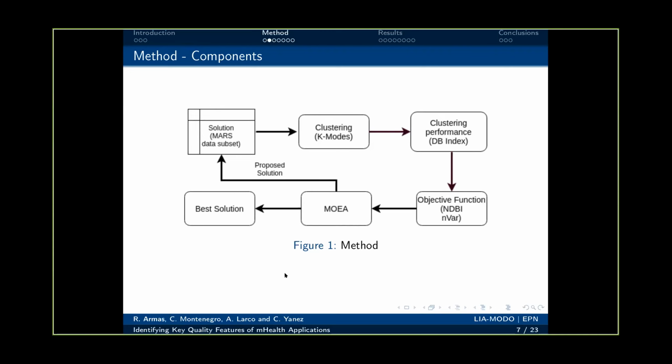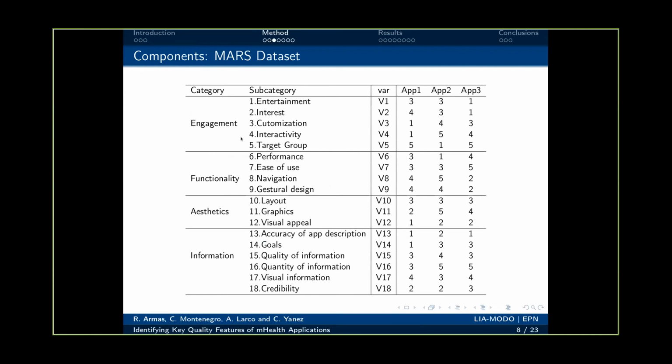Next, I am going to explain briefly each component. The MARS dataset is a subset of data that you can classify by specific variables, where each variable is a specific feature for software. It is grouped in different categories: engagement, functionality, aesthetics, and information.